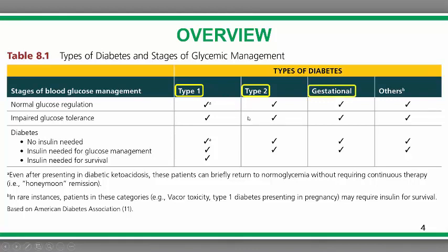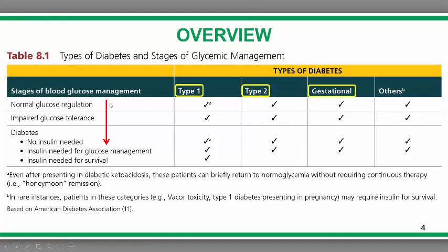And we'll address gestational diabetes a little bit later on in this unit as well. The first column in this table identifies what's called the stages of blood glucose management. If we start with the first row here, normal glucose regulation, this can happen in people afflicted with type 1, type 2, and gestational, provided that adequate treatment is provided.